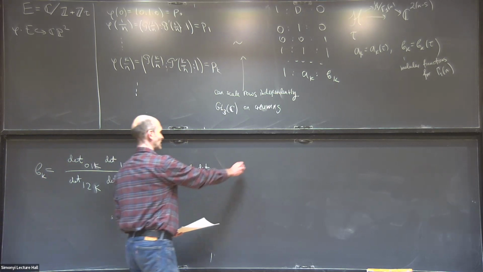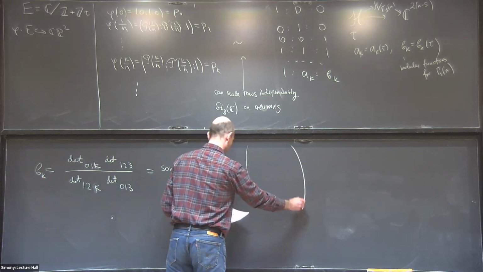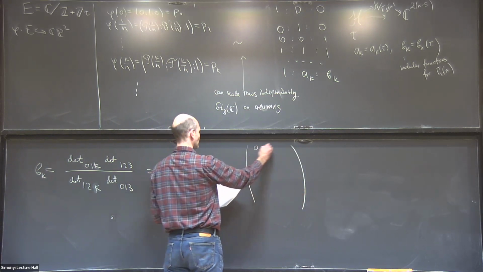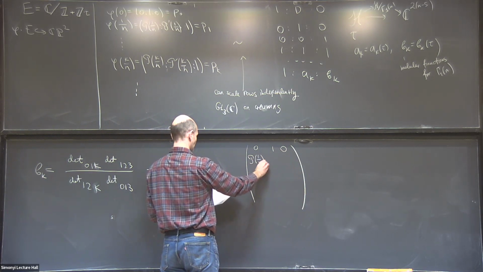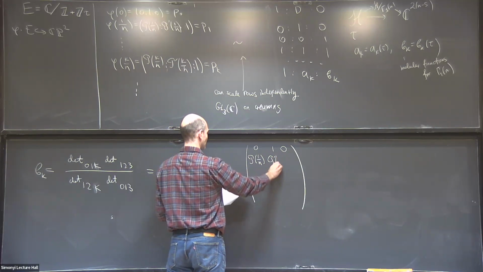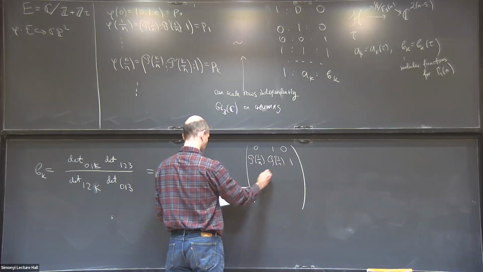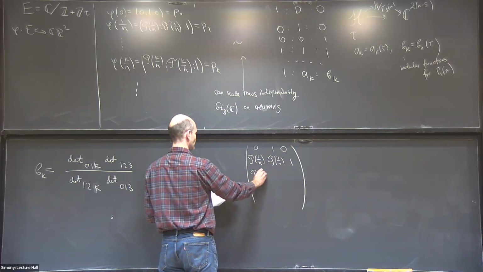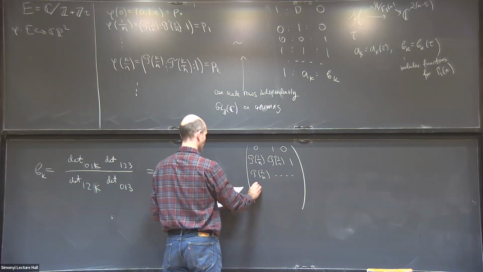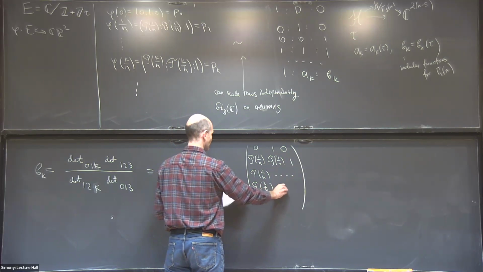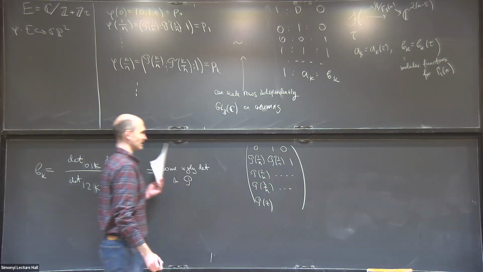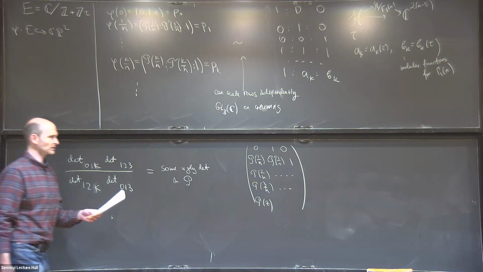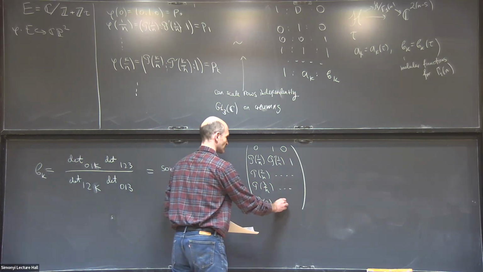So what's the method, roughly speaking? You look at this matrix: P of 1 over n, P prime of 1 over n, 1, P of 2 over n, and so on, P of 3 over n, and so on. And then instead of k, you take arbitrary k, but even more, you just work with an arbitrary point.